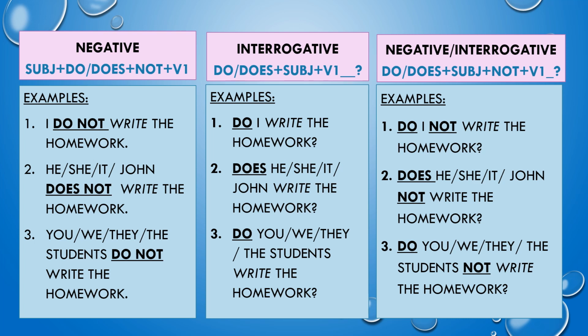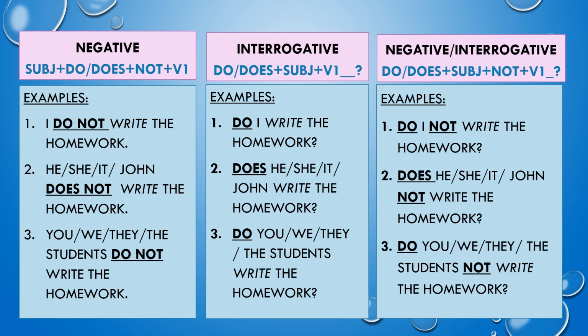The main formula for simple present tense is subject plus verb 1 or first form of the verb by adding s or es to the verb. But if we were to write a sentence in a negative form, we have to put do or does and not in between the subject and the verb.